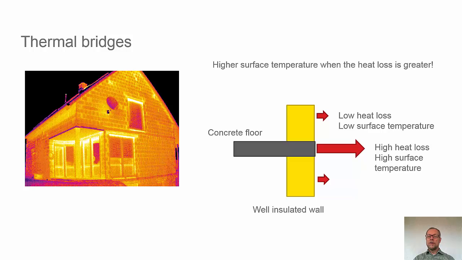So in the well-insulated wall part we'll have low surface temperatures, while the area close to the concrete floor will have high heat losses and high surface temperature. Using thermography, we can see the high surface temperature where we have the concrete floor, or any spots where we have higher heat losses in general.